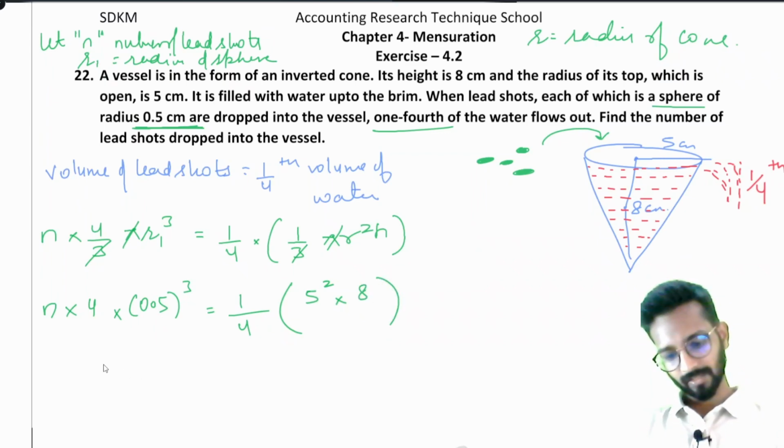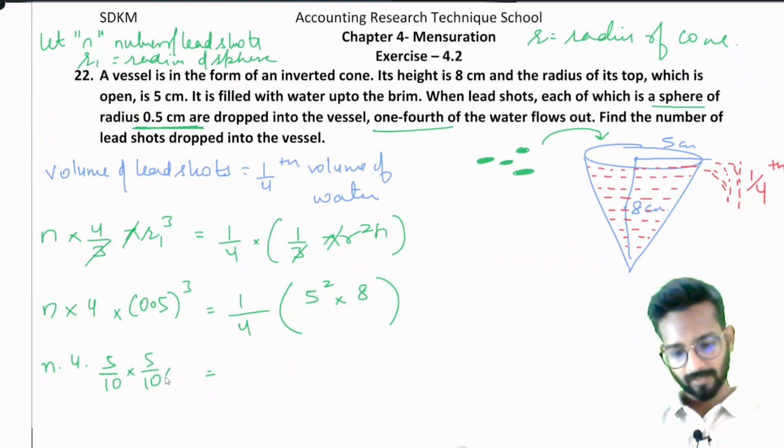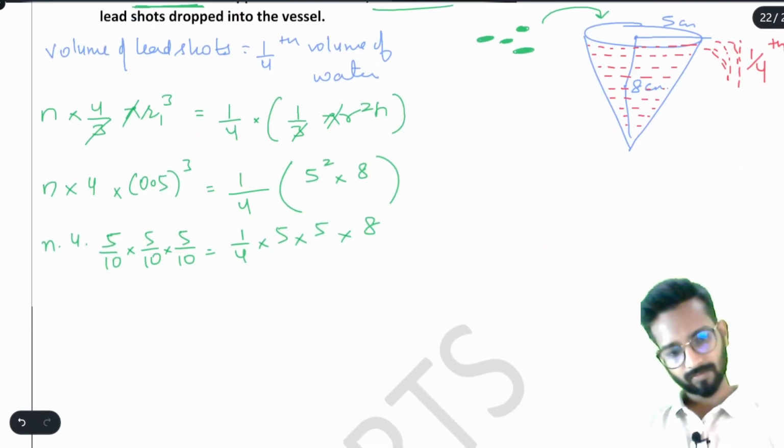Solving this, you will get n times 4, 0.5 cubed, so you can say 5 by 10 into 5 by 10 into 5 by 10, equals 1 by 4 into 5 into 5 into 8. Now the two 5s will be cancelled, 4 and 2 will be cancelled.